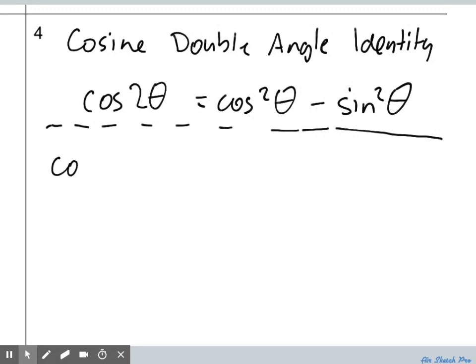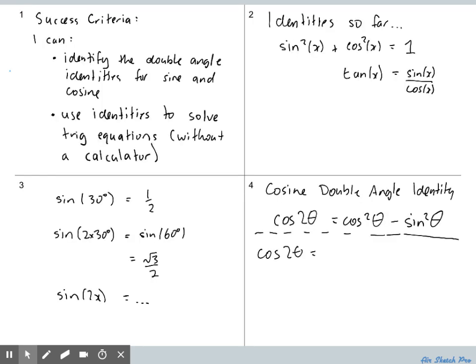So if I look at cos 2 theta is equal to, I might just zoom out so we can see those identities on slide 2 as well. So cos squared theta here is also present in this Pythagorean identity up here.